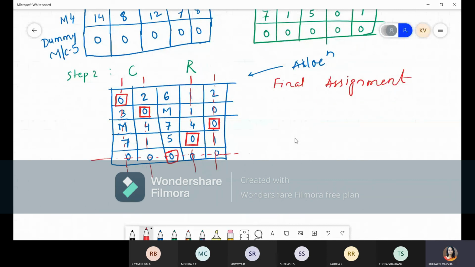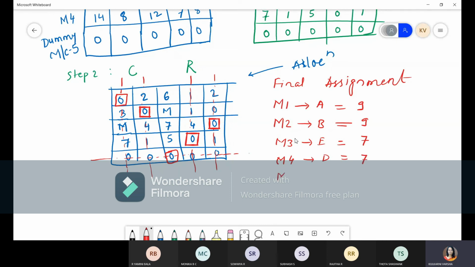Machine 1 is assigned to A with cost 9. Machine 2 is allocated to B, again cost 9. Machine 3 is allocated to E with cost 7. Machine 4 is allocated to D with cost 7.